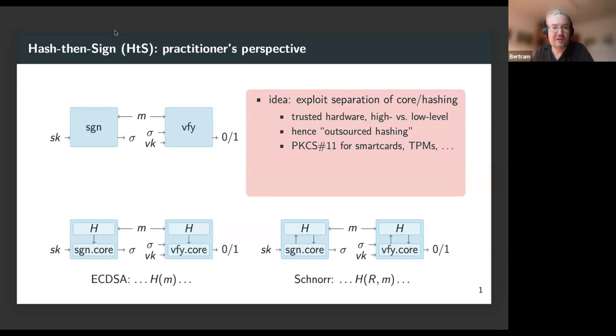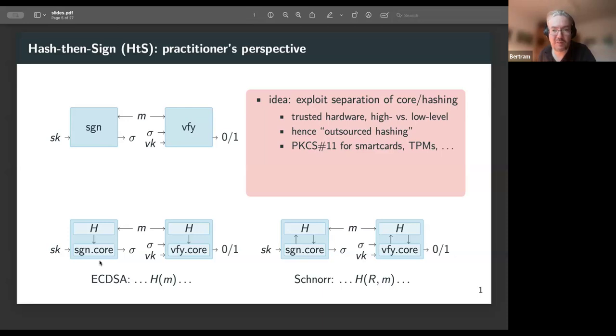One is in trusted hardware settings. For example, the core of signing could be implemented in a smart card, and the hashing could be in a host PC to which you connect the smart card. For example, if you sign a 100 megabyte PDF document with Adobe Acrobat, then the PDF viewer software will compute the hash value and send only the hash value to the smart card. And then the smart card is going to complete the signature sigma out of this.